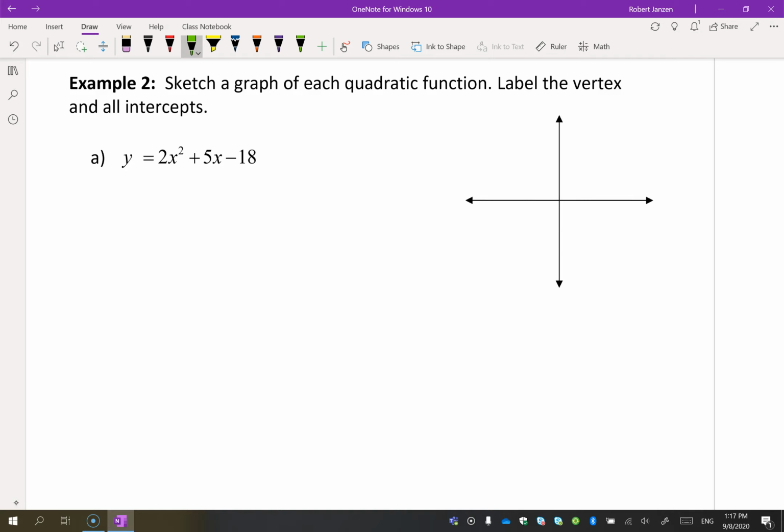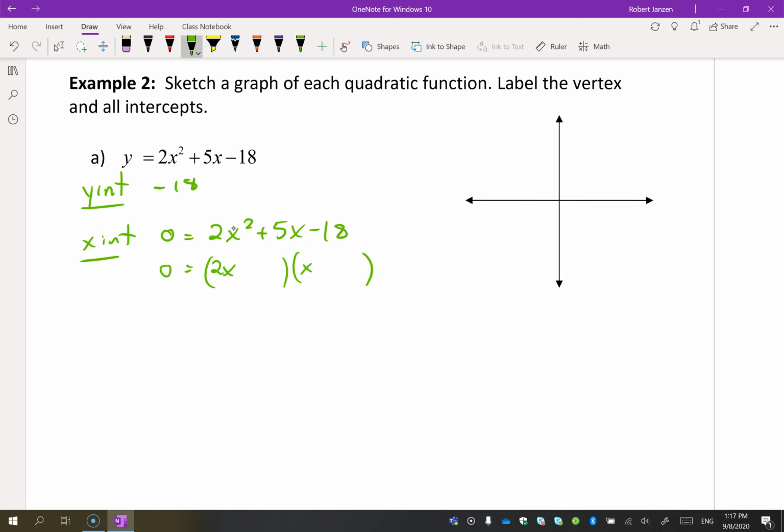Okay, you guys pause it. And can you please find the y-intercept, find the x-intercept, and then find the vertex. Okay, the y-intercept is negative 18. The x-intercept, let's see. Okay, let's see if we can factor this. Normally, they're factorable.